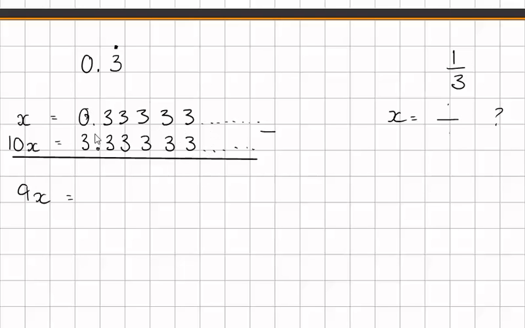What happens to this? What's 0.333 going on for infinity minus this? I'm doing it the wrong way around, aren't I? I should have done it the other way. I'm doing 10x minus x. So I'm subtracting that from that. 10x minus x equals 3.333 minus 0.333. This is the thing about the infinite number of 3's: I can subtract an infinite number of 3's from an infinite number of 3's and get left with nothing.